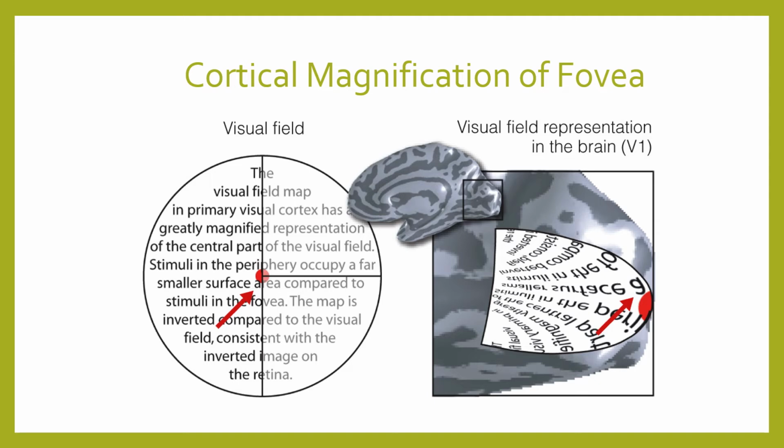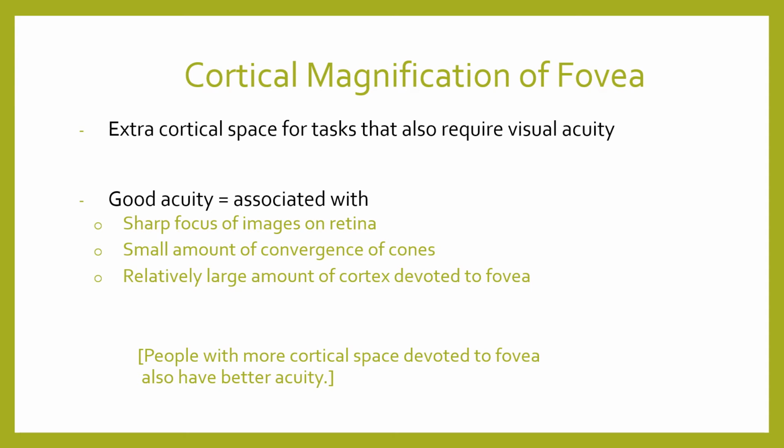And as we get off in the periphery, it gives you this idea that we have foveal magnification. And if we're looking at what we're responding to in the visual cortex, it is this upside down inverted image with this magnification of really what's important to us and what we want, the more detailed information about.